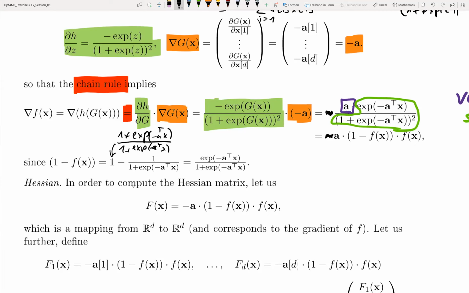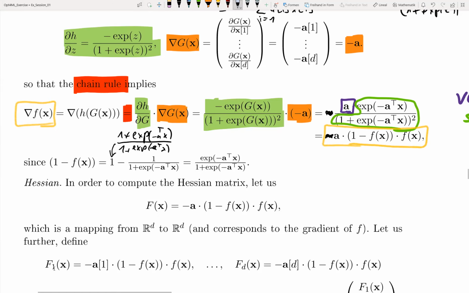And if you multiply here f of x, you see exactly this thing here encircled in green, right? So this is our favorite representation of the gradient. We will see why this is. We could also stay with the representation as it is, but it's not so convenient.